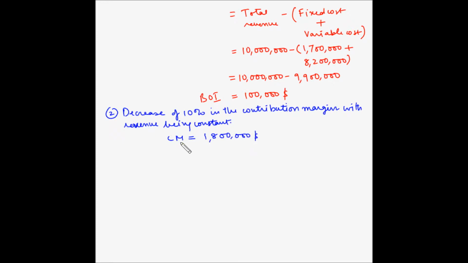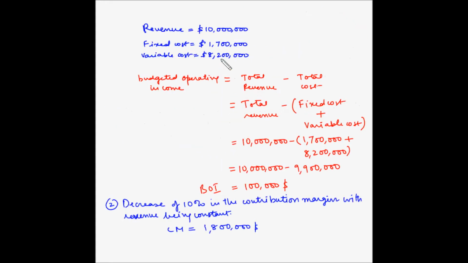So basically what we had done is contribution margin is equal to revenue minus the variable cost, and we had taken revenue as 10 million and variable cost as 8.2 million, and 10 million minus 8.2 million was $1.8 million. So now we have to find out that if there is a 10% decrease in this contribution margin, how do any of these three get impacted? And of course revenue is constant, so this will not get impacted.